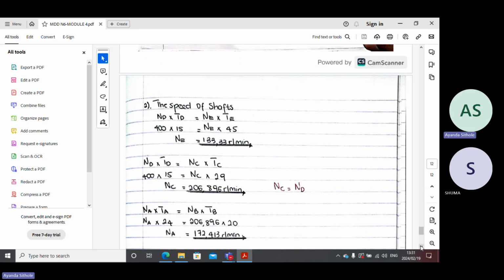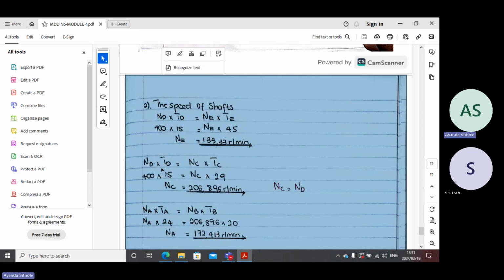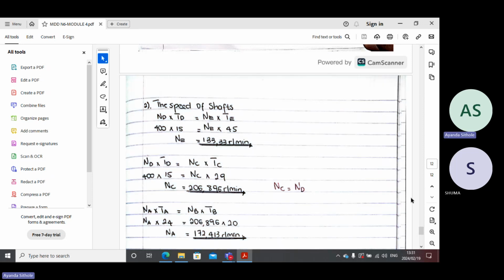Then to find NC, we're still going to use the same ratio formula, which says ND times TD is equal to NC times TC.